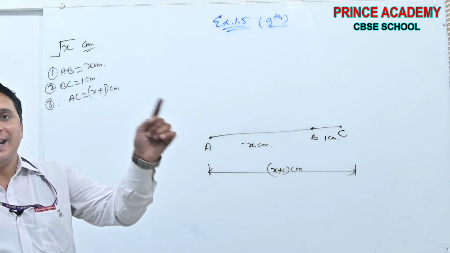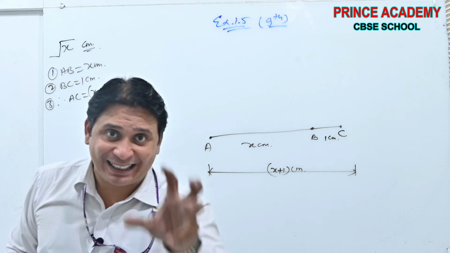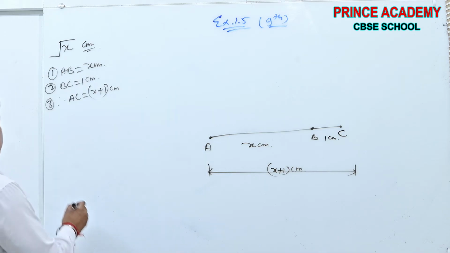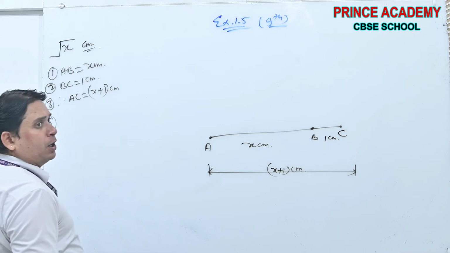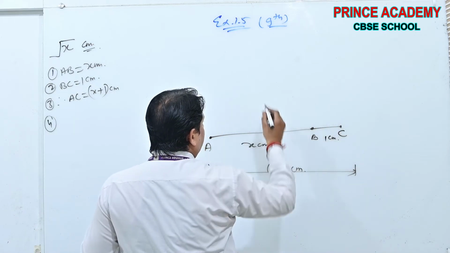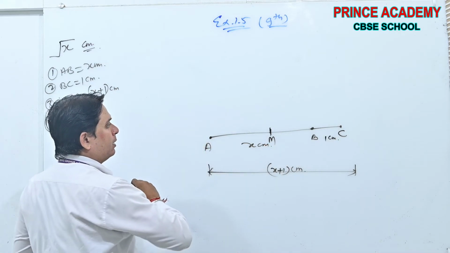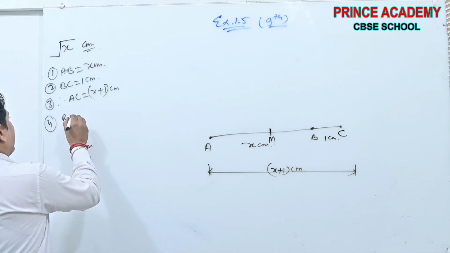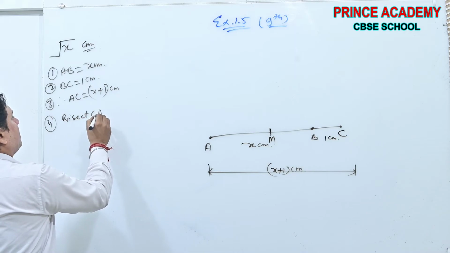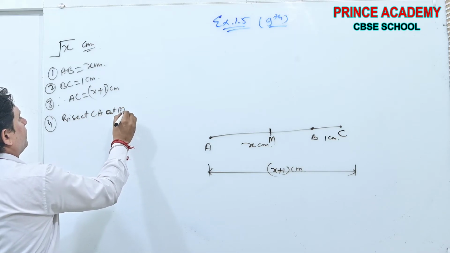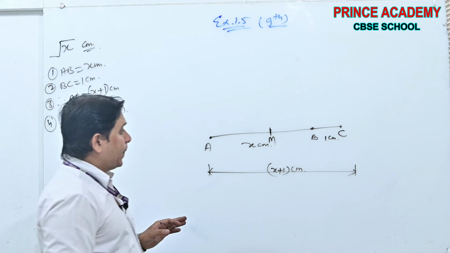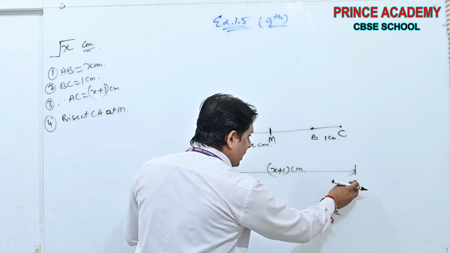Okay, beta. Then next step, we bisect AC. Yes or no? Number 4, we bisect AC. Suppose M is the midpoint. Okay, bisect AC at M. Then see beta, this AC was x plus 1.